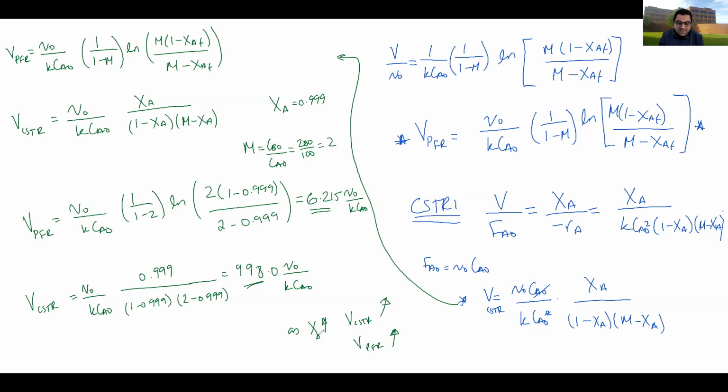As XA approaches 1, the volume of the CSTR increases at a much higher rate than the volume of a PFR. As you can see here, at 0.999, this difference is huge.